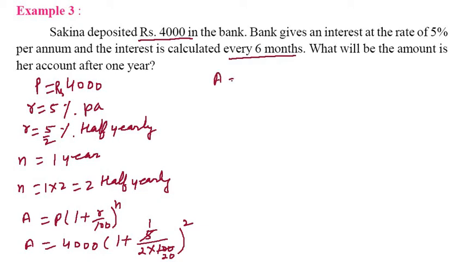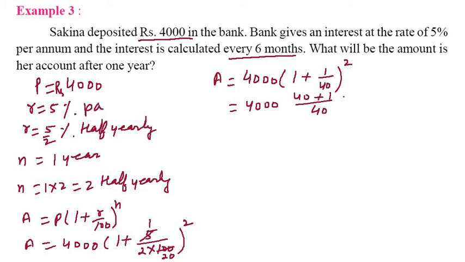Now amount will be equal to 4,000 and 1 plus 1 upon, here is 20 and 2 into 2, that is 40. Now the power is 2. So here is 4,000, and taking the LCM, that is 40, here is 40 plus 1 and the whole square. So that becomes 4,000 and here is 41 upon 40 and whole square.